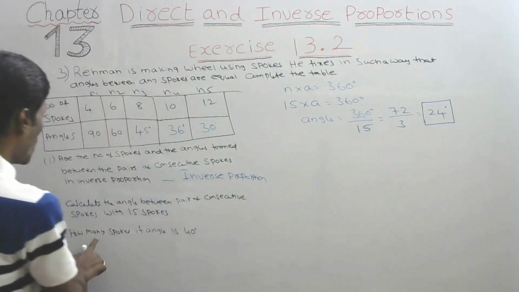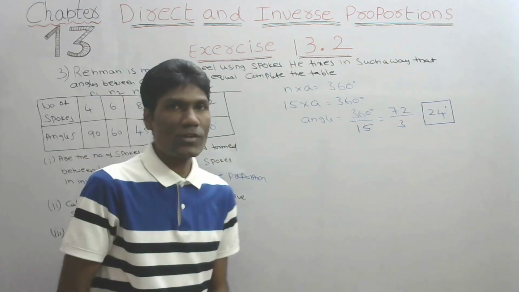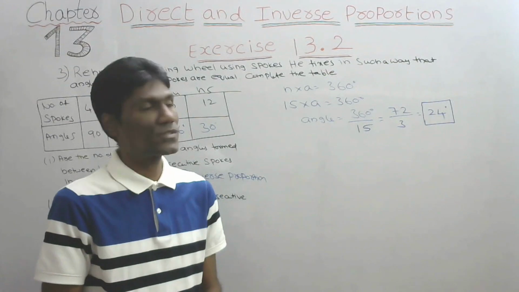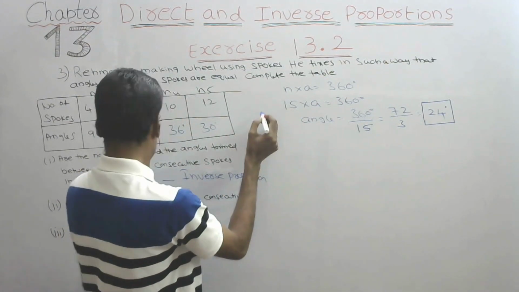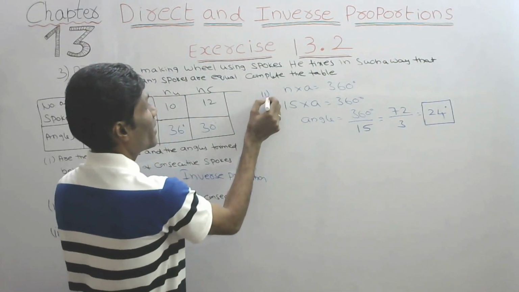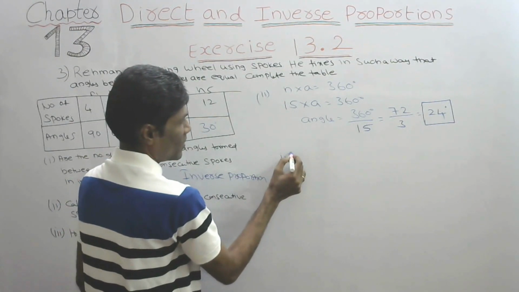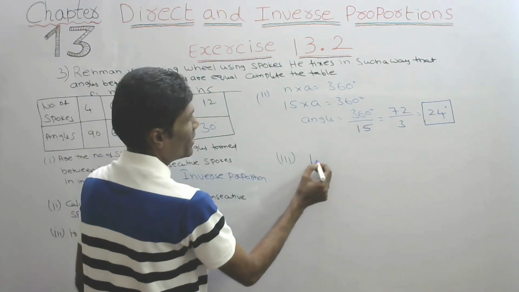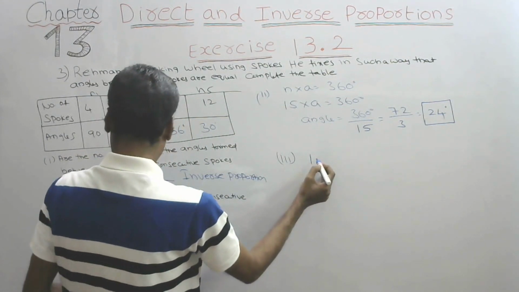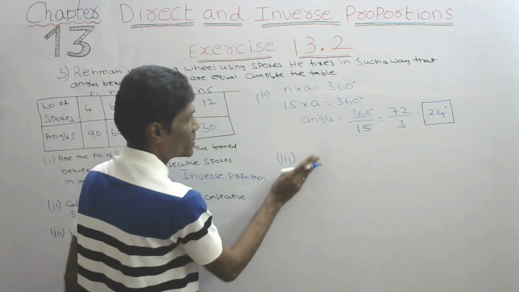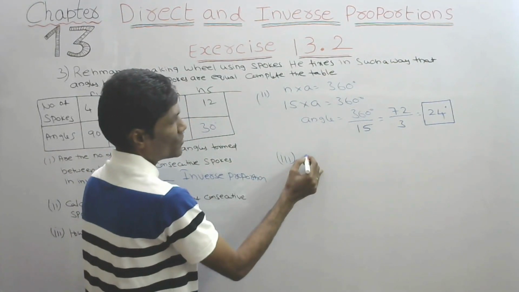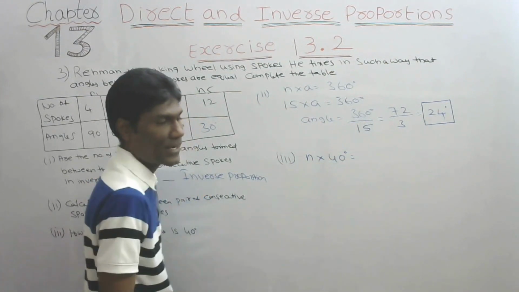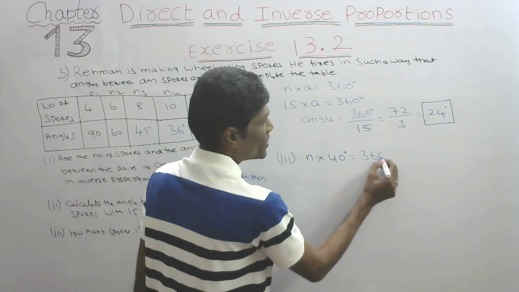Then next, how many spokes if the angle is 40 degrees? Now the angle is given and he is asking the number of spokes. So N into angle, given as 40 degrees, is equal to 360 degrees.